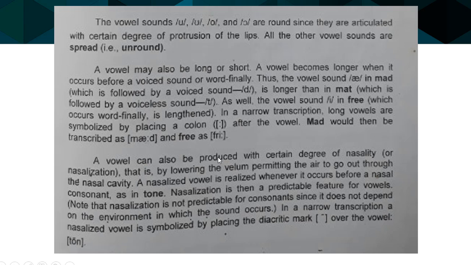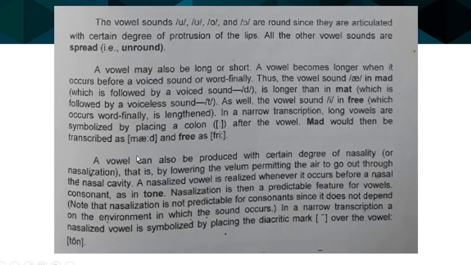A vowel can also be produced with a certain degree of nasality or nasalization, that is by lowering the velum, permitting the air to go out through the nasal cavity. A nasalized vowel is realized whenever it occurs before a nasal consonant, as in "tone." You can notice that the air flows through your nasal cavity.